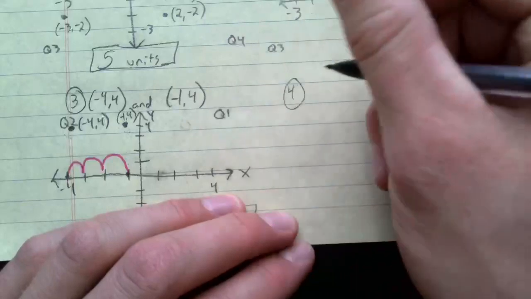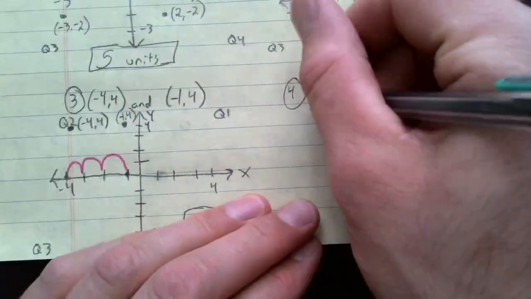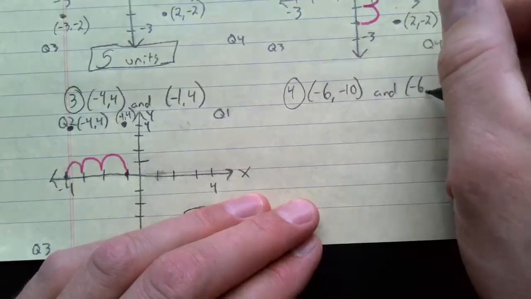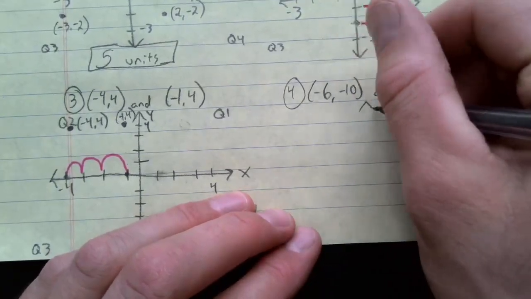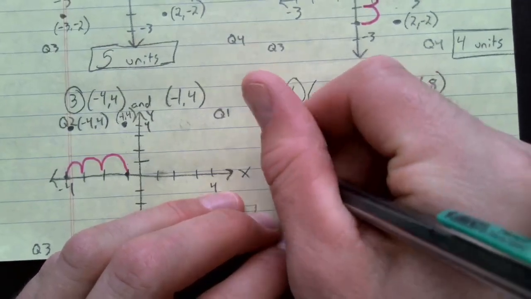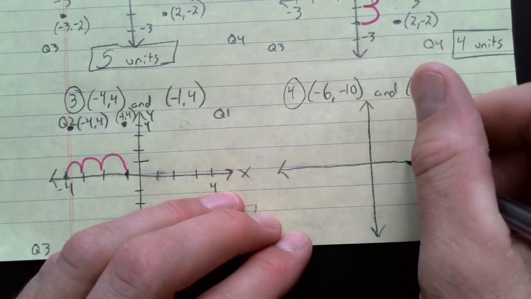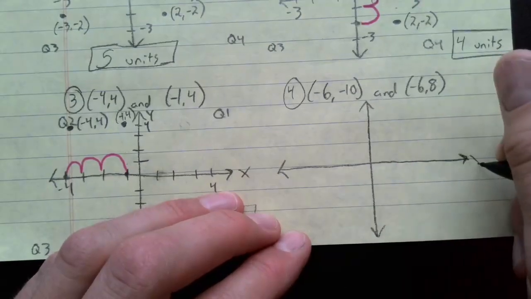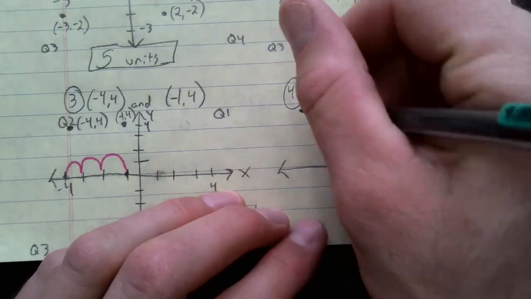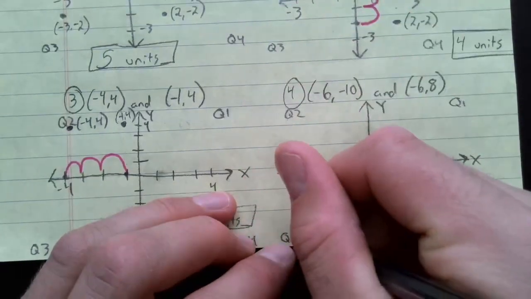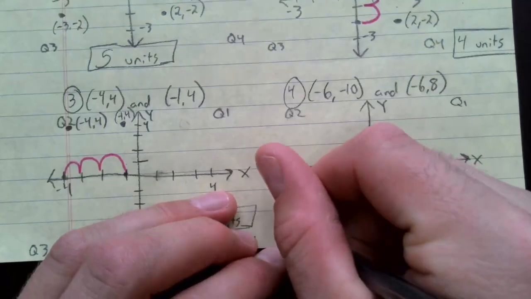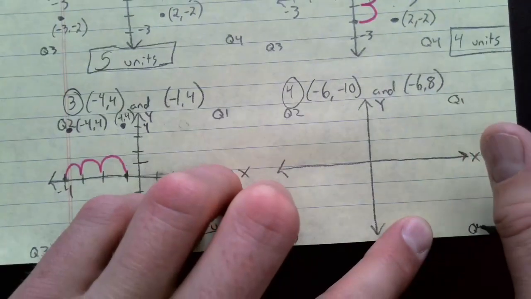Let's see another one. Number 4 is your points -6, -10, and -6, +8. All right, so just go ahead and draw that coordinate plane. The straighter your coordinate plane, the straighter your answer. X and Y, here's Q1, Q2, Q3, and there's Q4.